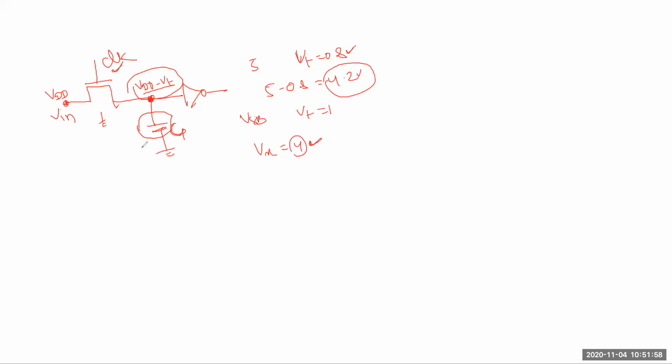After that, when the clock is off, this voltage will decrease due to current flowing in this direction, that is the subthreshold current plus leakage current. If Vx falls below 2.5 volts, then the functionality will change.